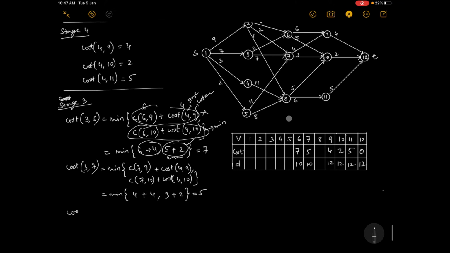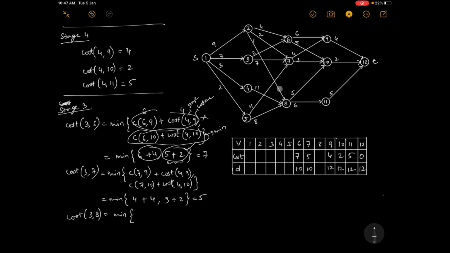So next is cost of stage 3 comma 8 minimum. I think from now on I cannot every time explain. Please observe the way I write. In the middle I'll explain.